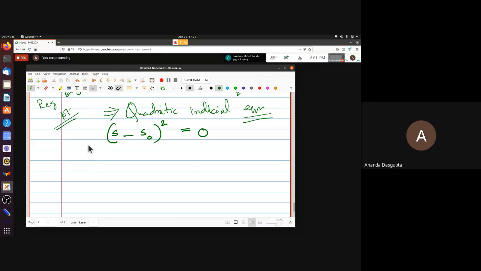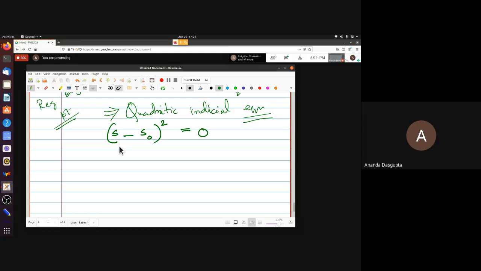But now, let me ask you this. Suppose I do not put s equal to s0, that is, I do not demand that the index satisfies the indicial equation, but I demand that the entire recursion relations are all satisfied. Do you understand what I'm saying? Once you plug in the Frobenius kind of solution in the second order differential equation, ultimately you're going to get a recursion relation between the coefficients.